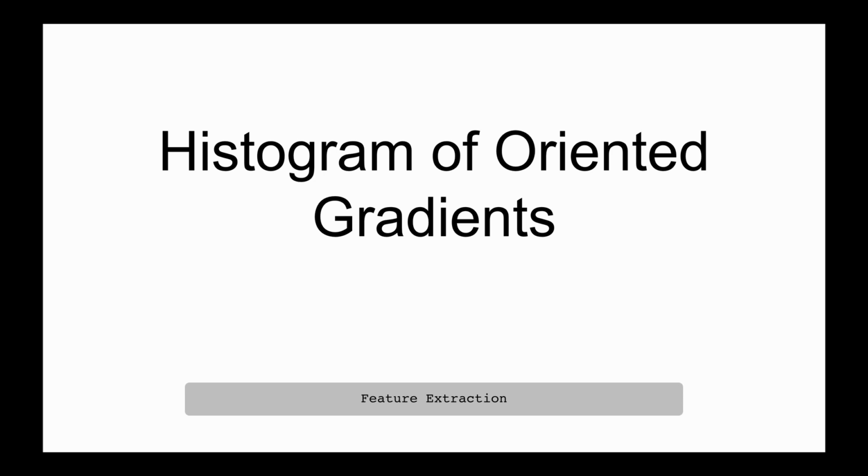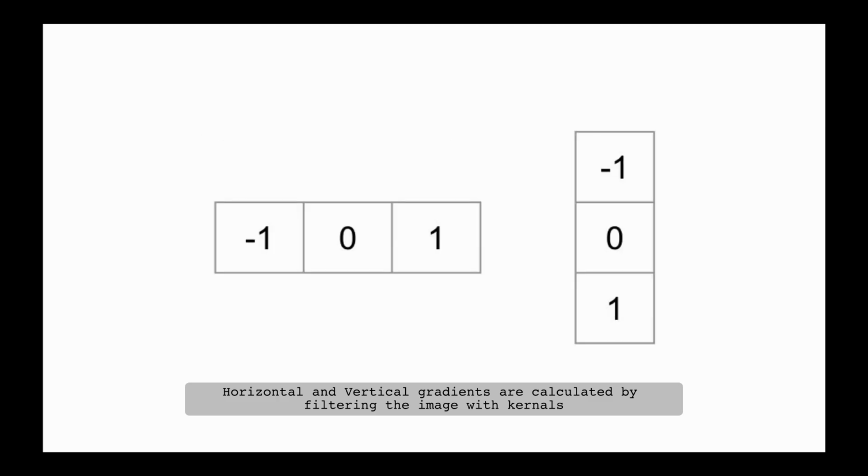To calculate a HOG descriptor, we first need to calculate the horizontal and vertical gradients. These are done by filtering the image with kernels, and those kernels are represented as such here. The horizontal kernel gives you the horizontal gradients, and the vertical kernel gives you the vertical gradients.